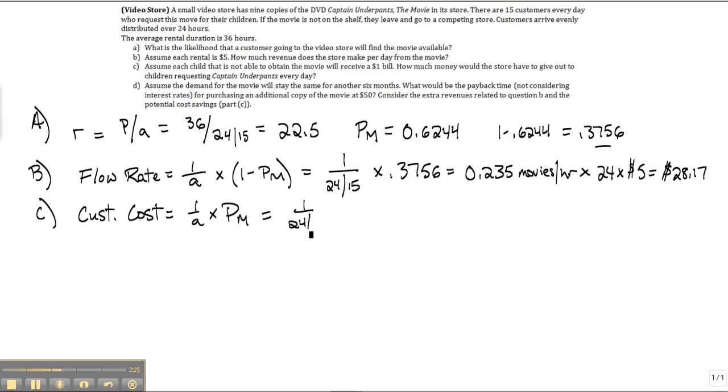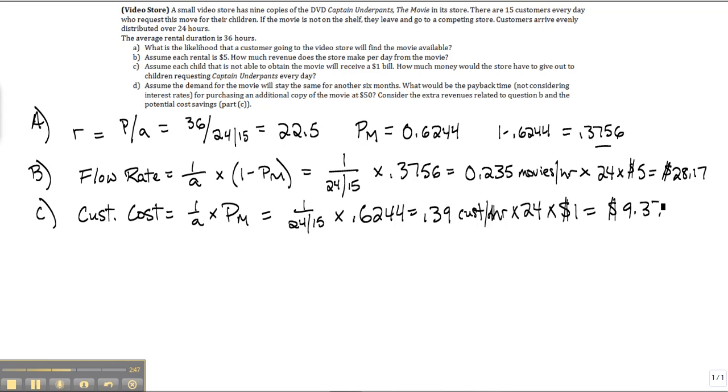Again, plugging in our values, we then get an answer of 0.39 customers per hour that were unable to rent. Converting that to a day rate, you multiply times 24 and the $1 penalty. And the store is therefore paying out $9.37 per day to children who could not find the video.